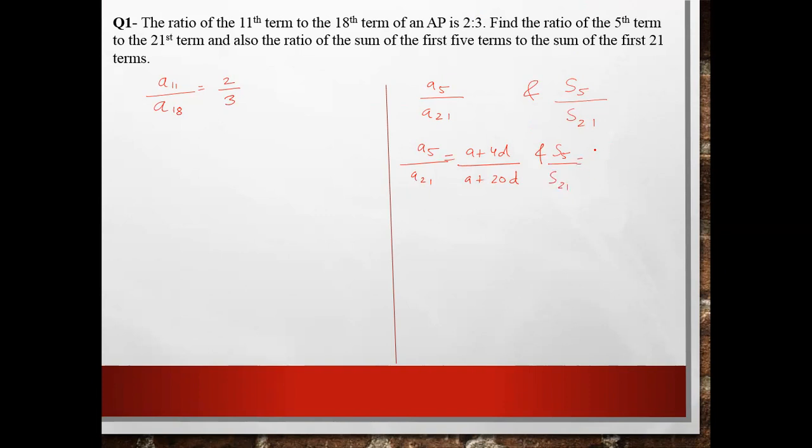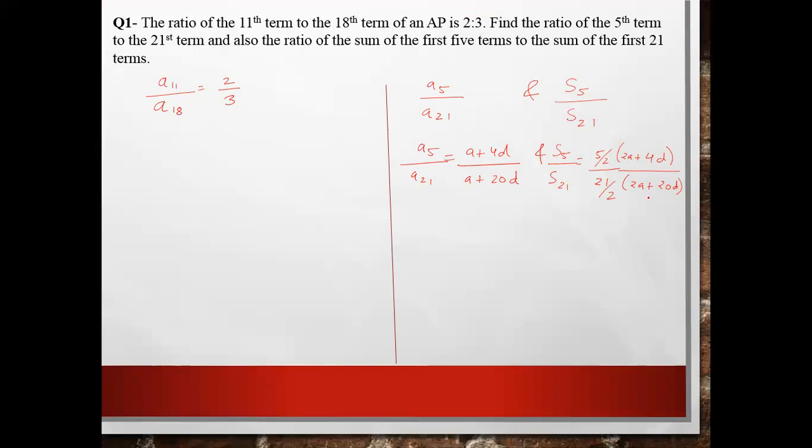It is 5 upon 2, that is n by 2, 2a plus n minus 1, that means 4d, upon this will be 21 upon 2, 2a plus n minus 1, that means 20d.